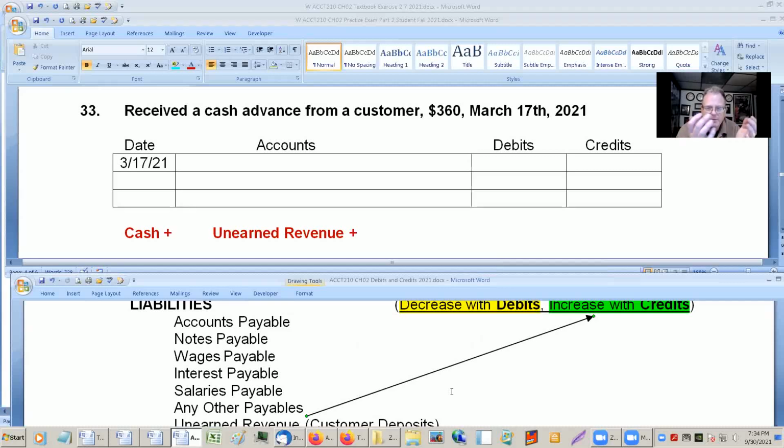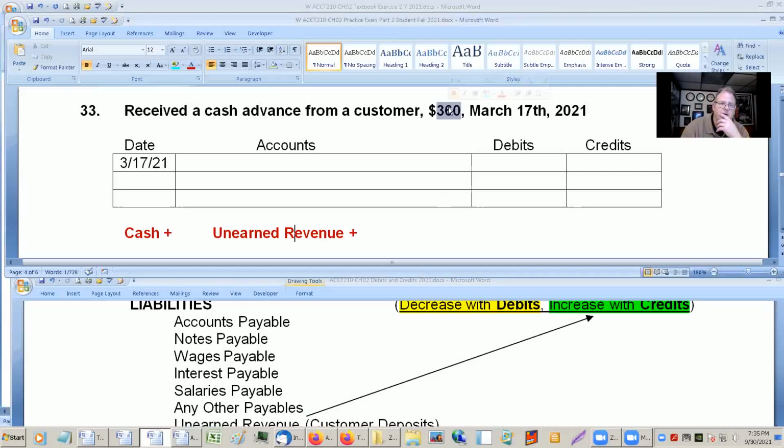It could be for any number of reasons. Maybe you don't know the customer. The customer's paid us ahead of time. We haven't done anything. It's a liability because if we don't do anything, we have to hand it back to them, right? Either we do the work or we have to hand this back to them.